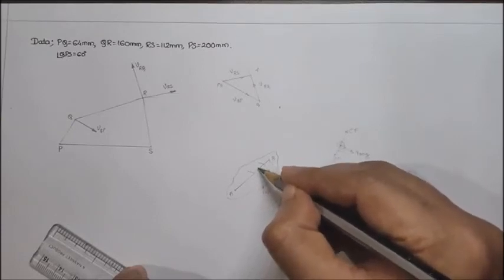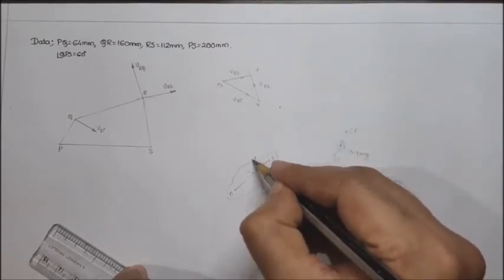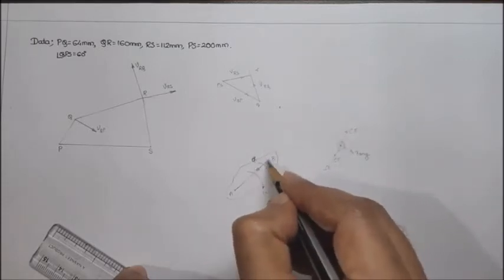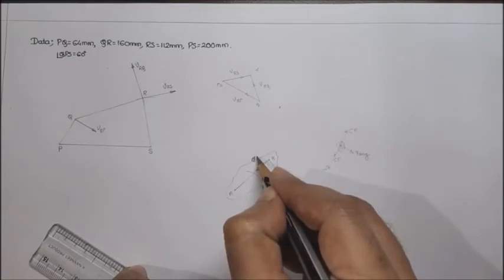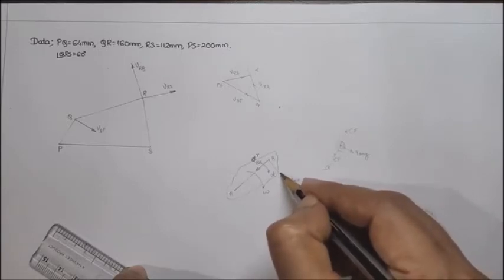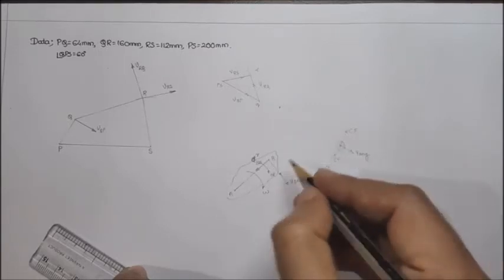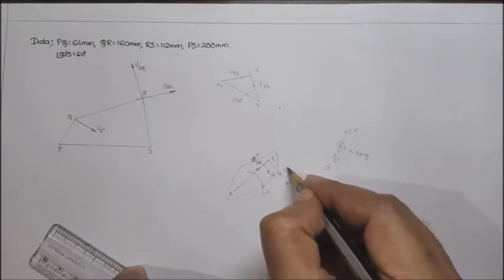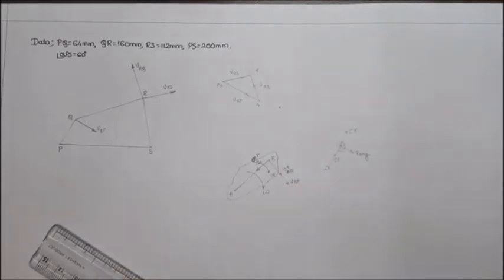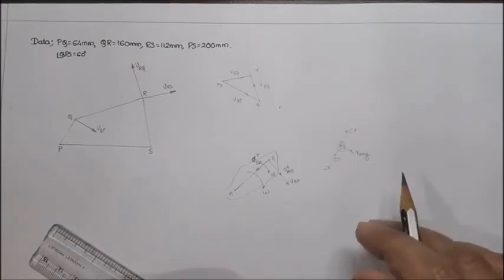Here we will be having the acceleration, again we'll note it as A, and the radial component will be B on A, and here again in the same direction it will be having a tangential component, that is the tangential acceleration of A with respect to B.